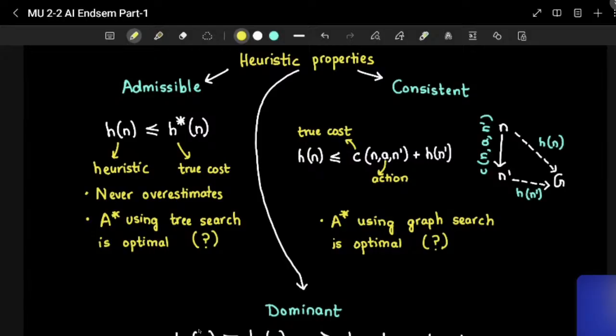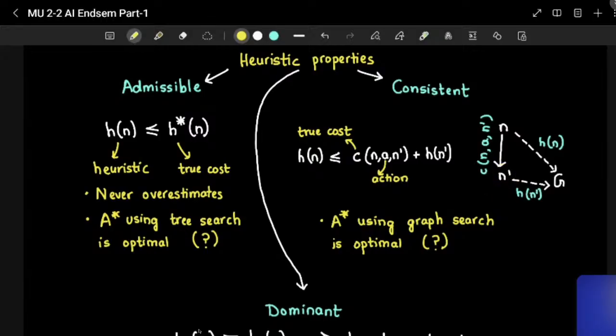The other property is consistency. So you have this strange looking inequality. Let's say you are at node n, and if you perform an action A, you move to node n prime. So they are neighbors; n prime is a neighbor of n.